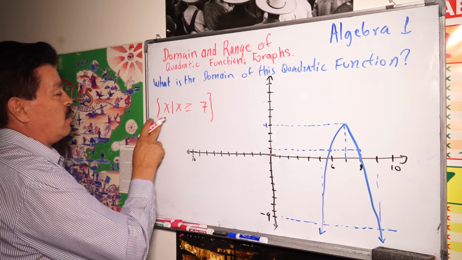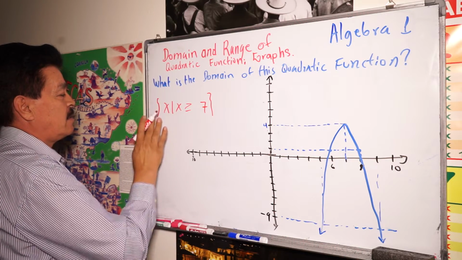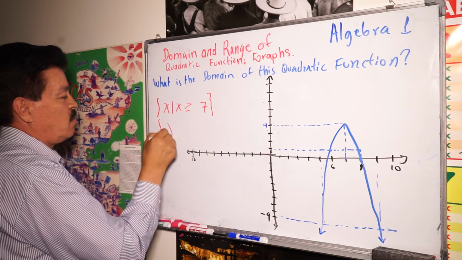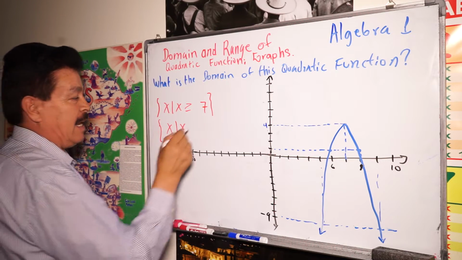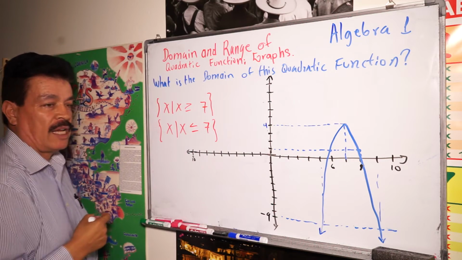Let's write another possible answer: x such that x is less than or equal to 7.